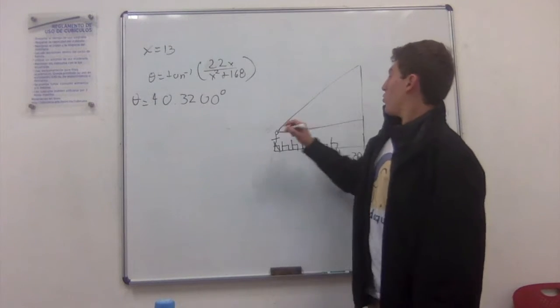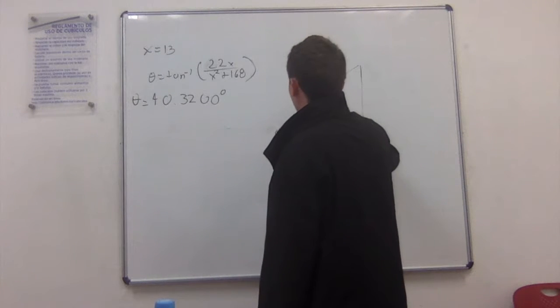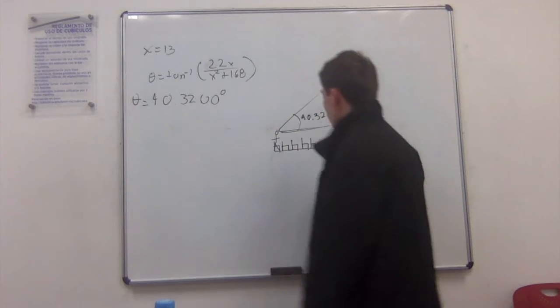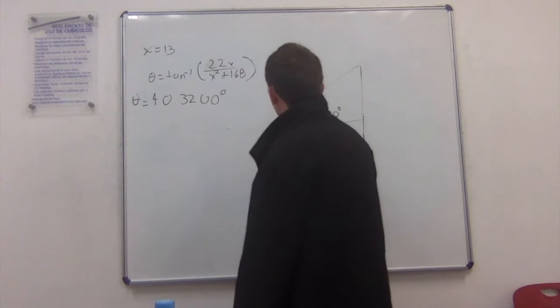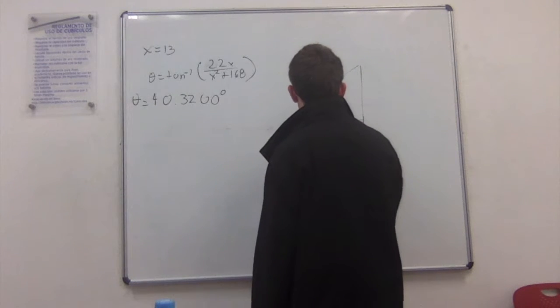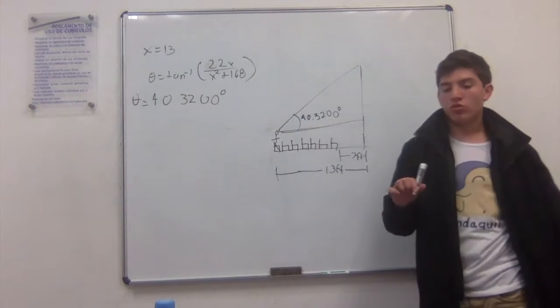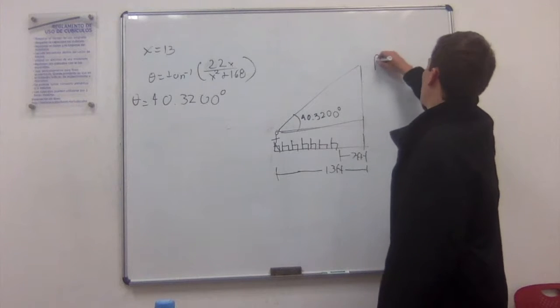With this information, we can see the angle theta is equal to 40.3200 degrees. In this case, the distance x is equal to 30 feet. So the best row in the cinema is the row 3.